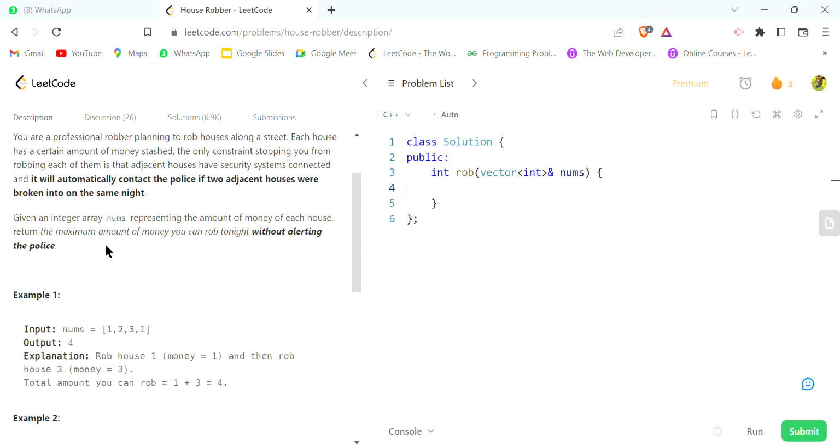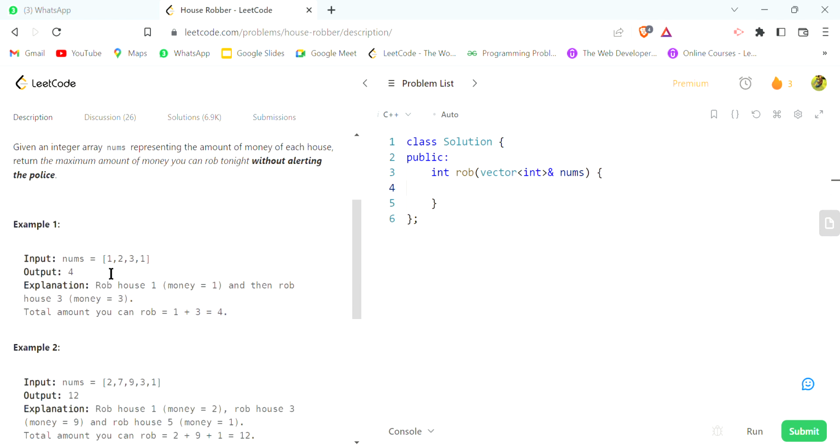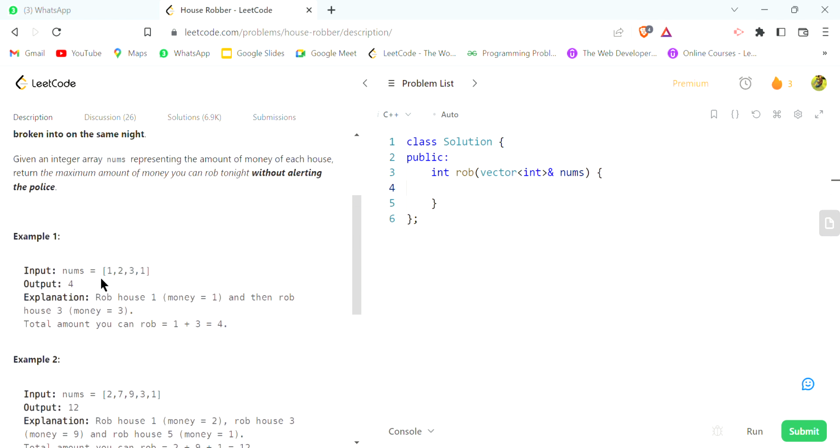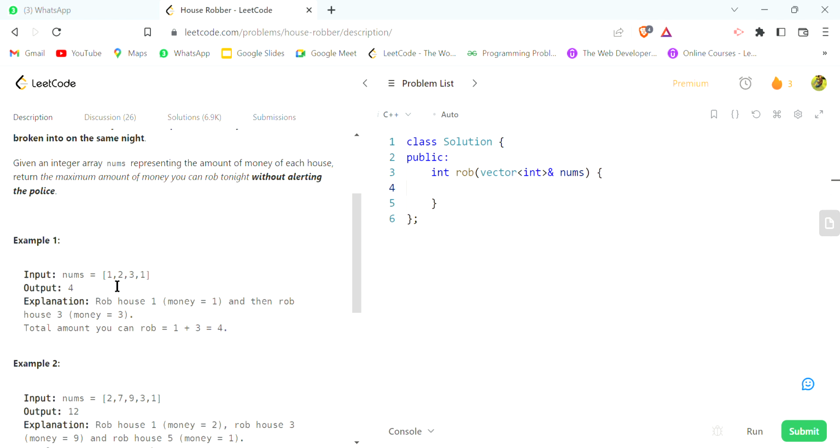So let us understand what the question is saying. You are given an integer array whose elements signify the amount of money in the ith house. You are a robber and you want to maximize your profit by robbing any number of houses, but the only constraint is that you can't break into two adjacent houses.